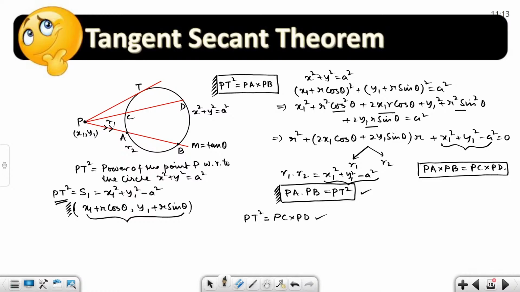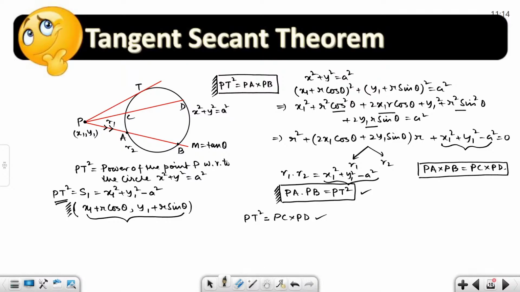Is it clear? Which is equals to PT square, because PT square is nothing but the power of that point with respect to the circle. So the product PA into PB is always equals to the power of the point with respect to the circle.